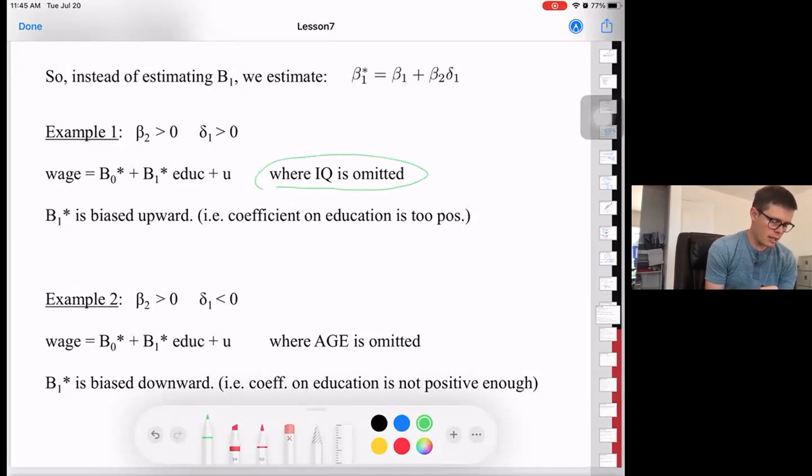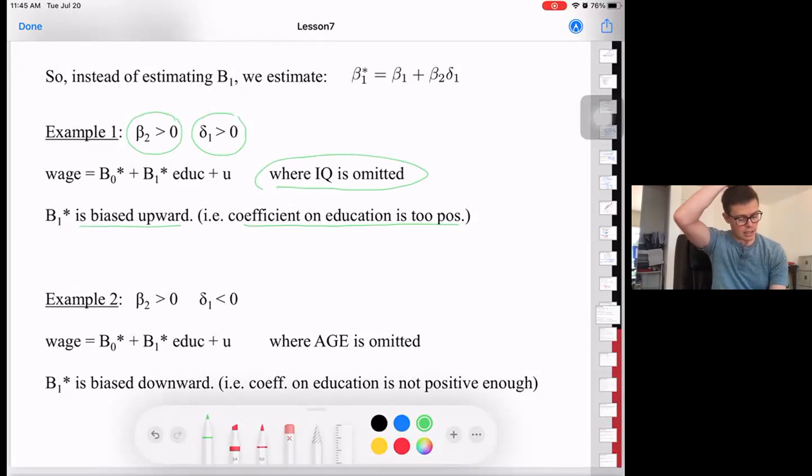So beta 1 is going to tend to be biased upward, which means that the coefficient on education is too positive, because we think IQ has a positive effect on wages, and education and IQ are positively related. So we're going to tend to overestimate the effect of education.